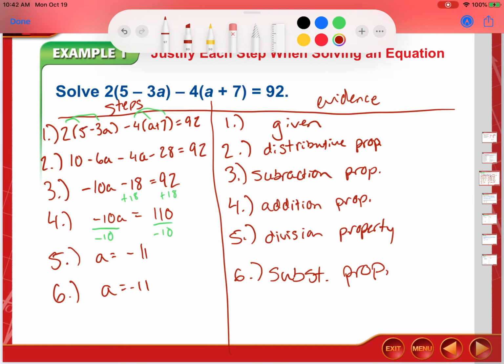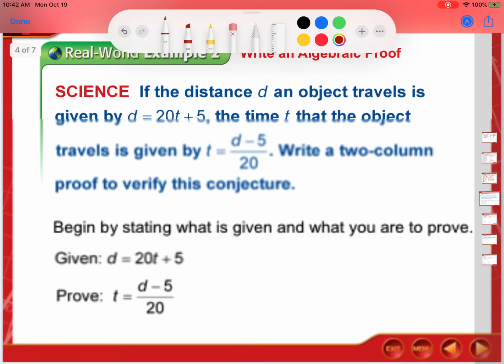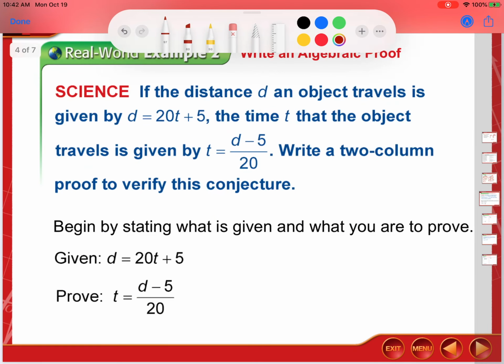Because you could replace the a with negative 11, or you could replace the negative 11 with a. And those could go either way, and it would mean the same thing. All right? So this is an example of a two-column proof, or an algebraic proof.